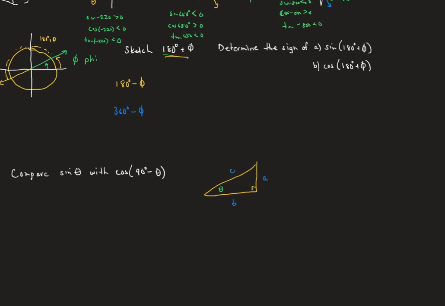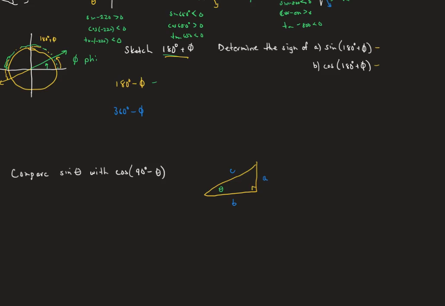Now the sine of 180 plus phi is going to be the y-coordinate there. That's in quadrant 3, so it's going to be negative. And in quadrant 3, cosine is also going to be negative. I should have done yellow for the next one. I'm going to do 180 minus phi. We can go 180, halfway around, and then back up a phi.